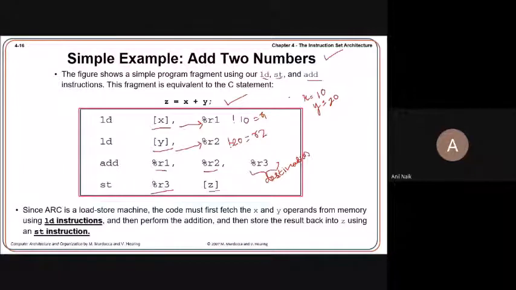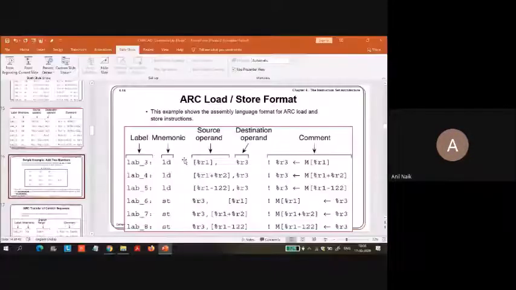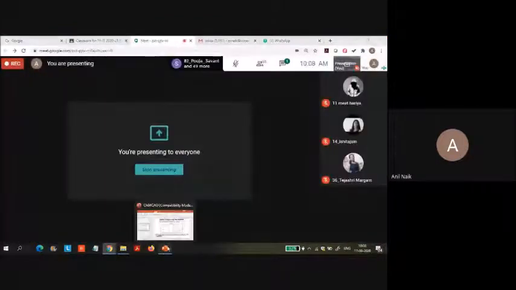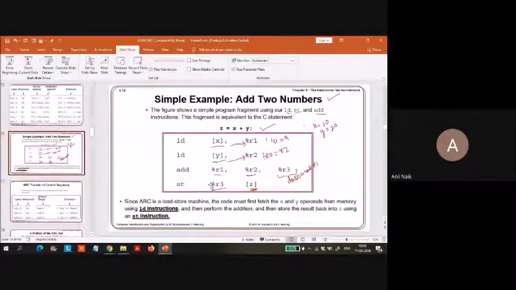That you are storing into the memory location that is specified by the destination register. So yeah, this is a very simple example to perform the addition of two numbers.